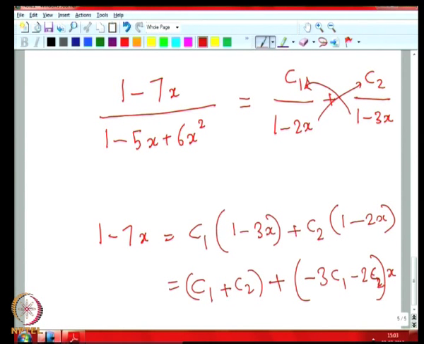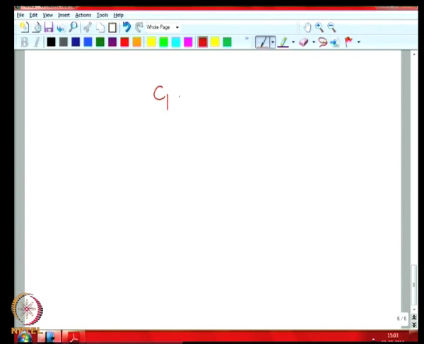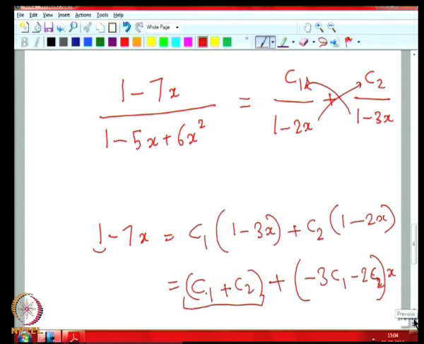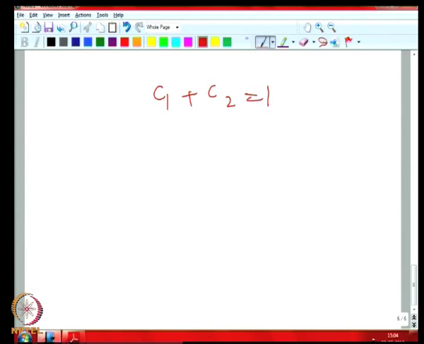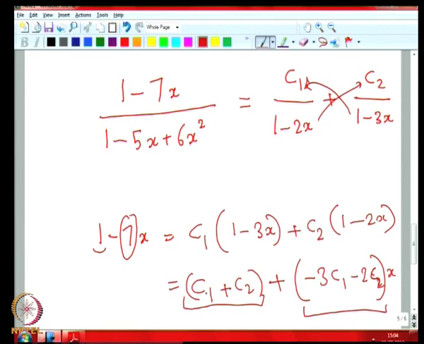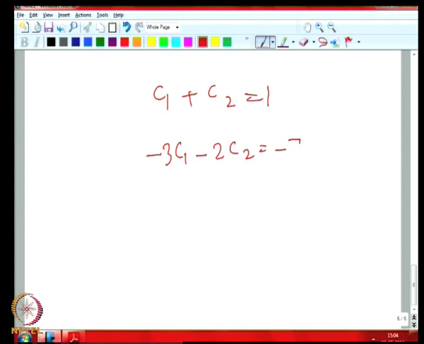We can compare the constant terms here and here, that is c1 plus c2 has to be 1, and minus 3c1 minus 2c2 has to be equal to, sorry, not this one, it should be minus 7. Now we can solve these simultaneous equations.